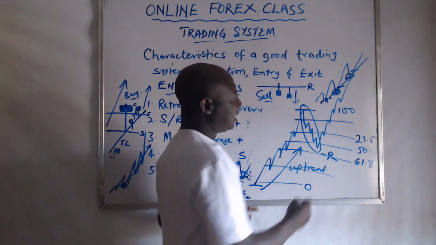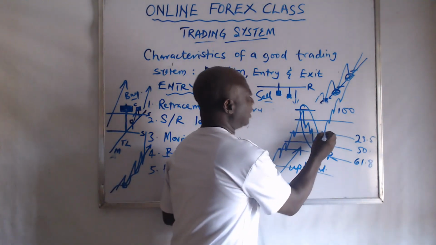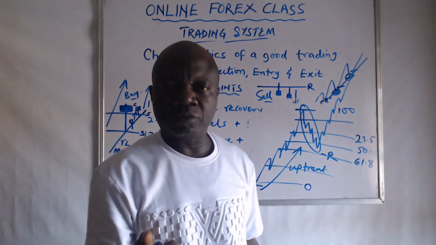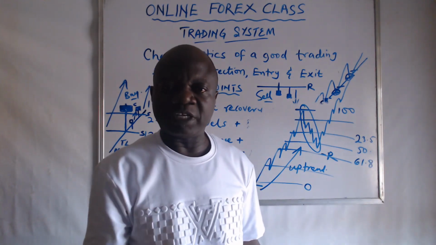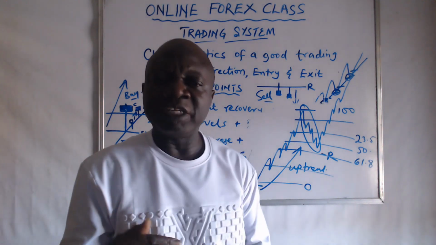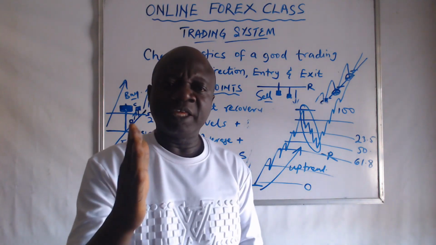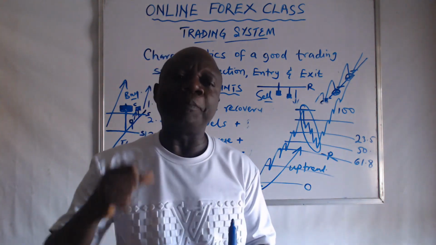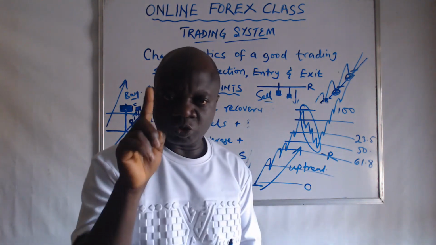So when the price now touches that area, something like that may happen. Always take note of the rejected candle. It's very, very important. Rejected candle means that when the price is moving that way, in the case of buy now, the buyers are still in control.